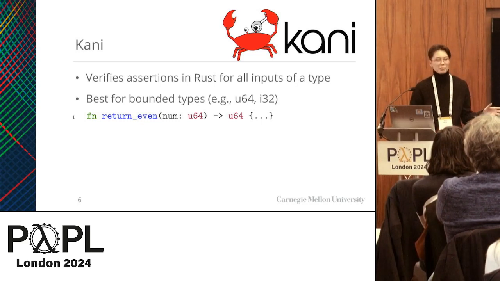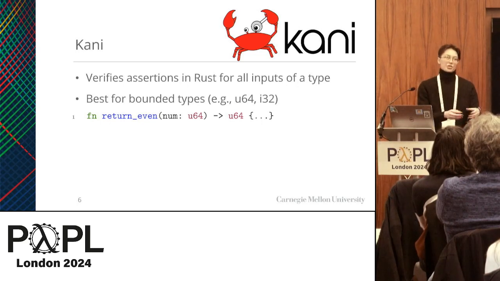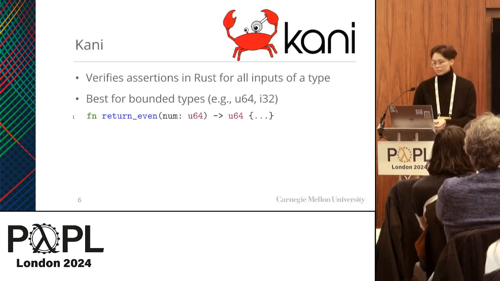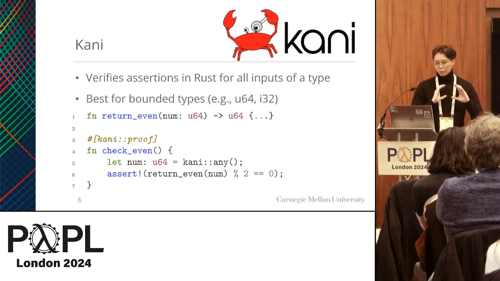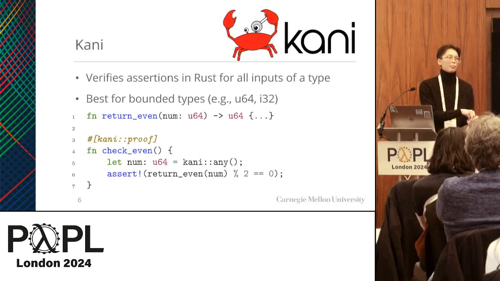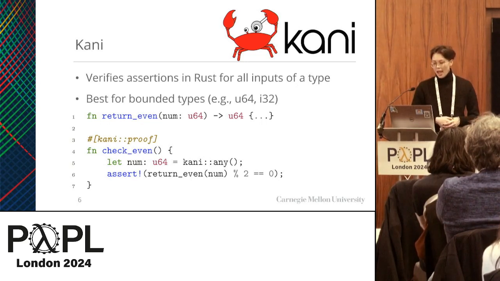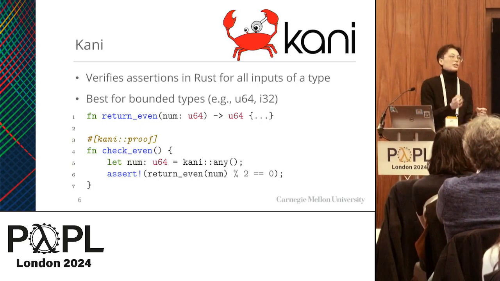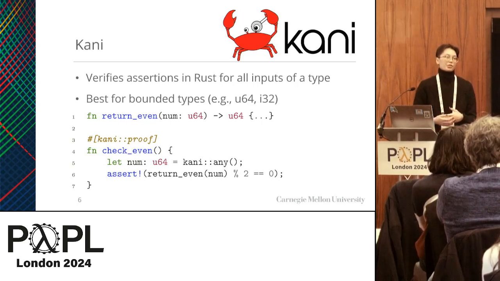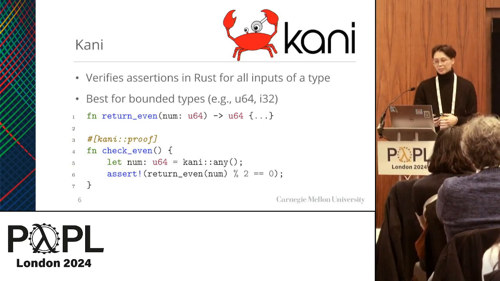What it does doesn't really matter, but we want it to always return an even number. We can write a Kani test for it where we set a variable num to be of type U64 and take on some arbitrary value. Then we assert that when we pass that number into return_even, mod 2, it's equivalent to 0. So return_even will always return an even value.